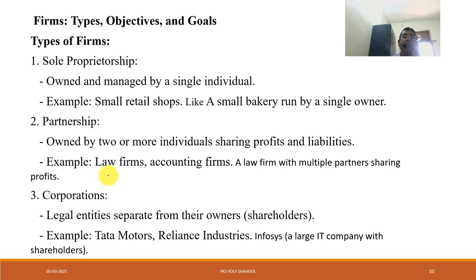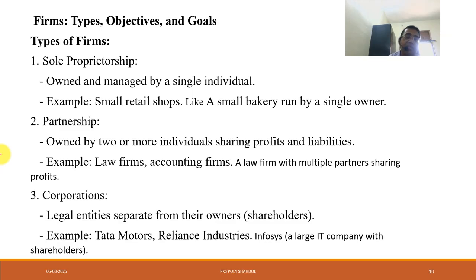Now come to the next topic: firm types, objectives and goals. How many types of firms are there, and what are their objectives and goals? The first type is sole proprietorship, meaning the business is owned and managed by a single individual. Partnership is owned by two or more persons, a business between them, and profit and liabilities are shared between them.